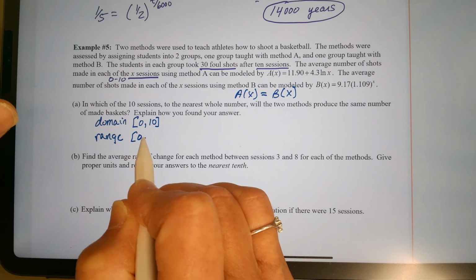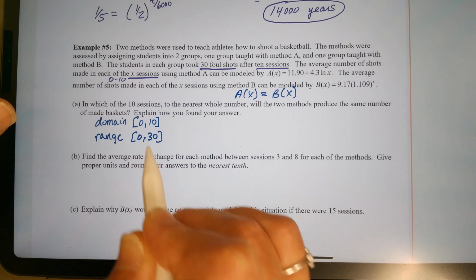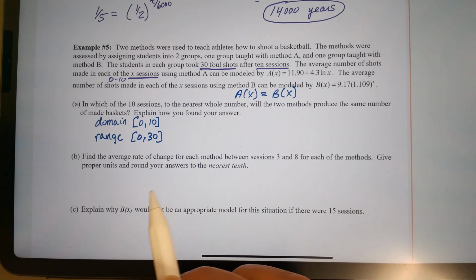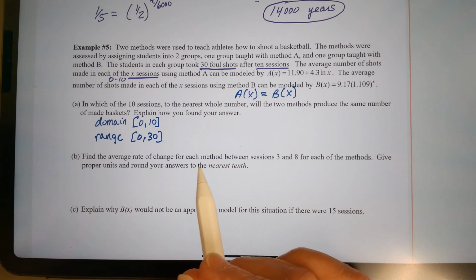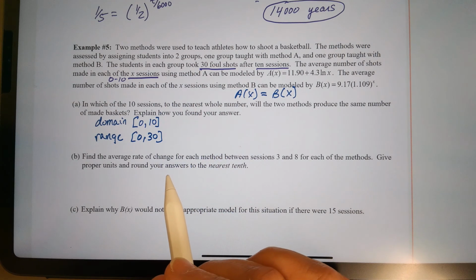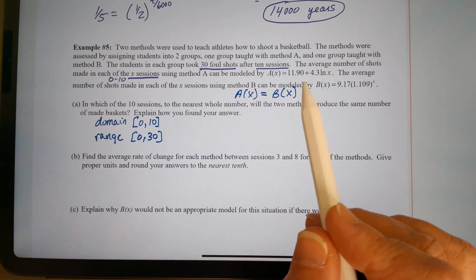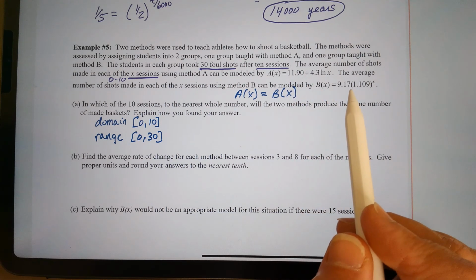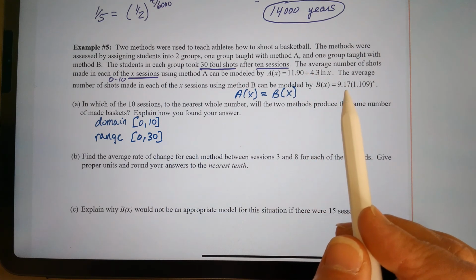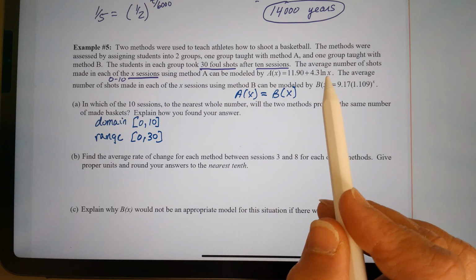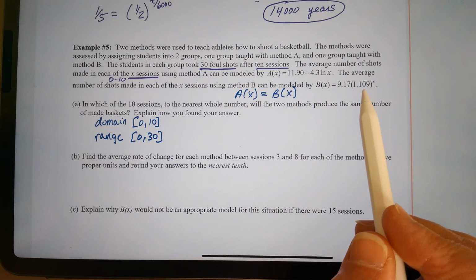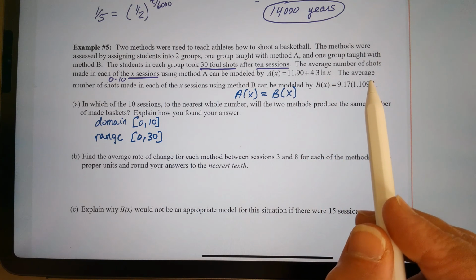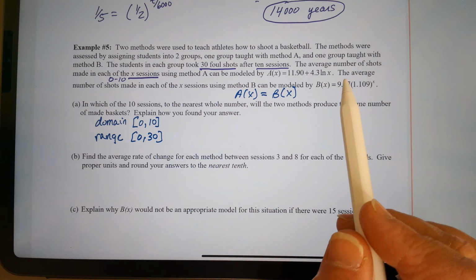The range will be from 0 to 30. How many of those 30 shots were made? All right, so we are not solving this algebraically because we have an ln of x on one side and an exponent x on the other. So we have to look at this graphically.